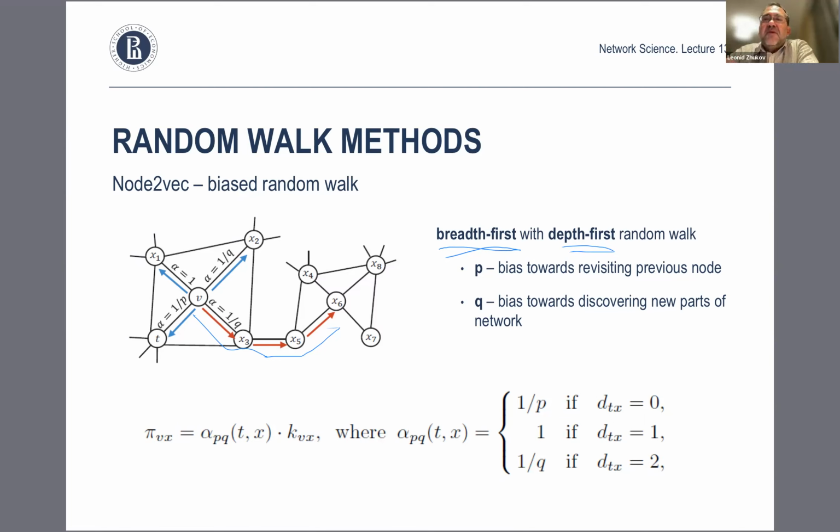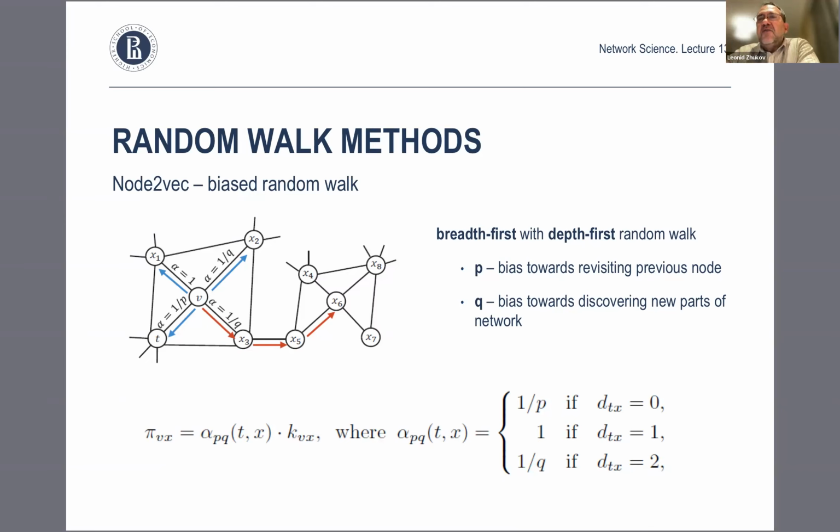And so to do that, you can introduce two parameters, P and Q, and depending on the selection of those parameters, your walk will either be preserved as local, or can go further out. Those parameters help you to control the walk.